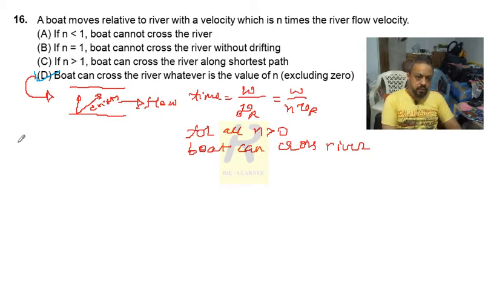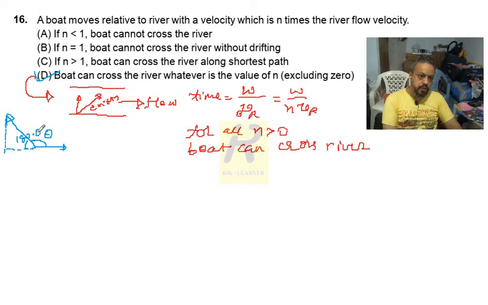the river is flowing in this direction, and this is the boat. In this situation, if you think about the resultant velocity, then we have to think in a different way, like this is a completed triangle in this manner. If this is theta, this angle will be 180 minus theta.